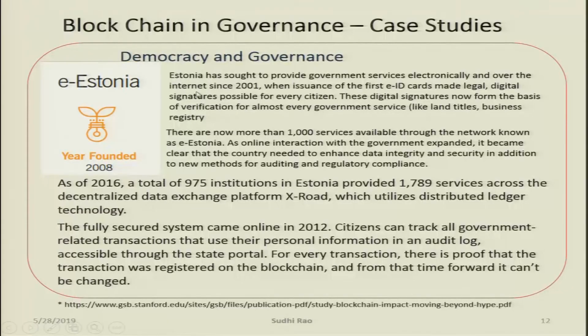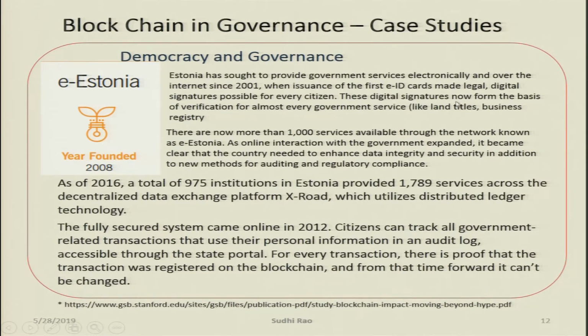So, if I want to apply for a driver's license, I fill the form, sign it with my private key, and send it to the DMV, the RTO. They decrypt it, approve, and send it back to me. The whole thing is done electronically. So, it made digital signatures possible for every citizen. Estonia is a small country, by the way, with probably 1 million population, but they have made digital signatures available to all its citizens.